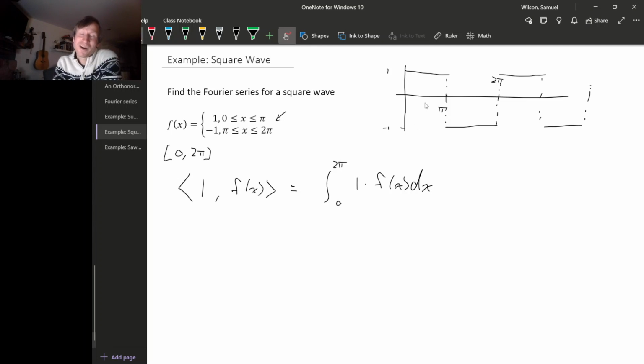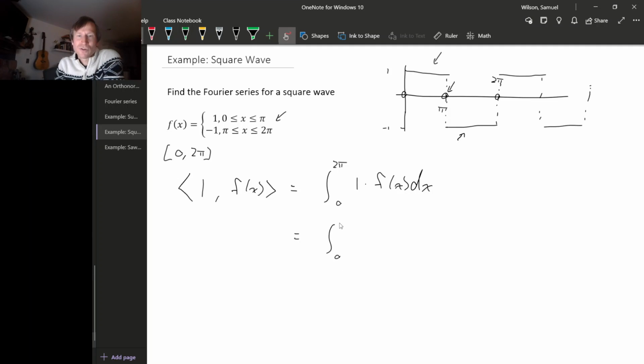It is piecewise continuously differentiable. Incidentally, there are only discontinuities at these isolated spots here. In between, it's continuously differentiable. But because of the discontinuity here at pi, we're going to need to split this integral up at pi to be able to tell what's happening.